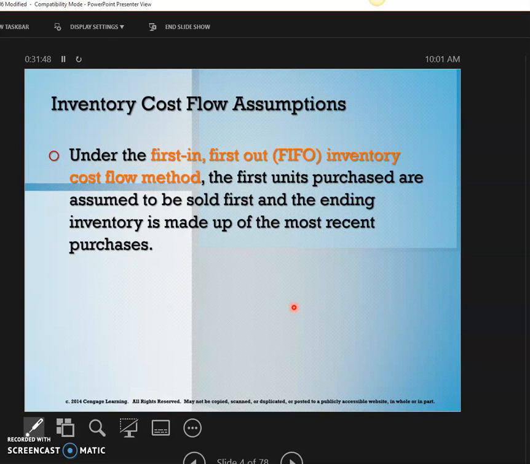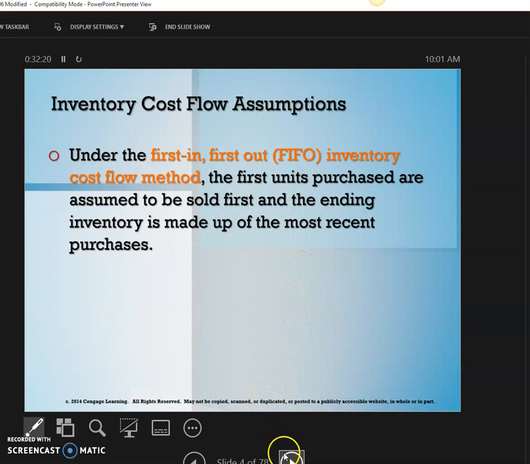So in this scenario, if on Sunday I bought 10 pieces at $10 each, then on Monday I bought 10 pieces at $11 each, then on Tuesday I bought 10 more pieces at $12 each, and then Wednesday I sell 10 pieces. Under the FIFO method, the cost of the 10 pieces I sell on Wednesday will be $10 each, the same cost that I bought on Sunday.